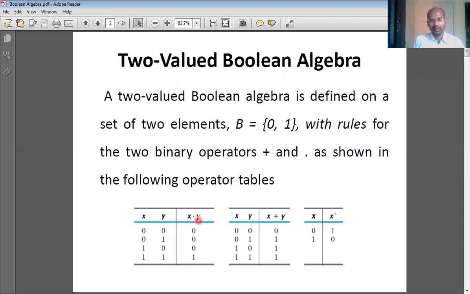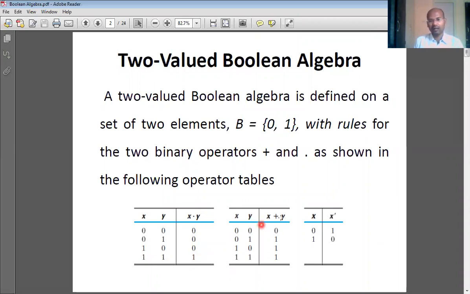And how is the AND operation, the binary multiplication, defined? For both zeros, binary multiplication is 0. If one is 0 and the other is 1, binary multiplication is 0 again. For x1, y0, it is 0 again. For both x1 and y1, the binary multiplication is 1. That is how it is defined.